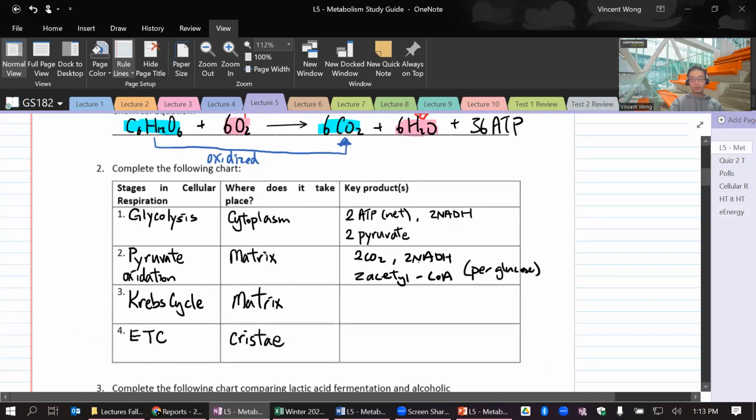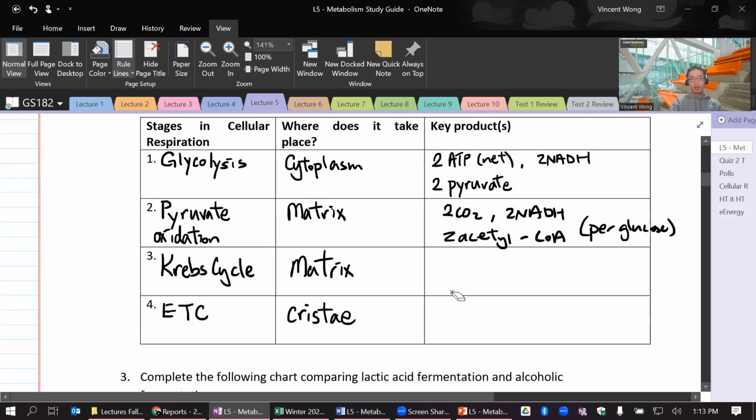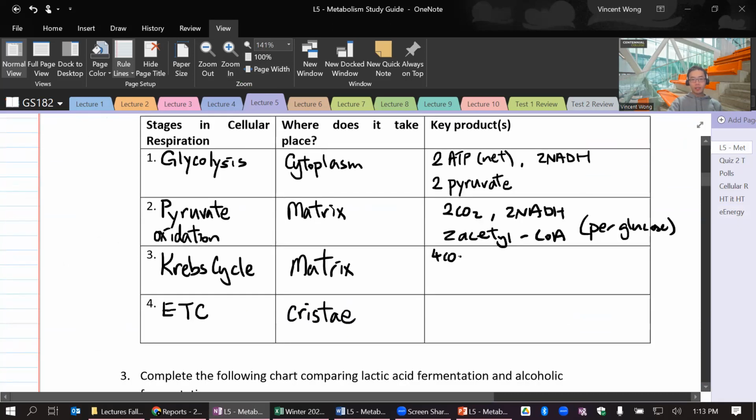For the Krebs cycle, we will produce a total of 4 carbon dioxide, 6 NADH, 2 FADH2, and 2 ATP. And again, this is for every glucose that we break down.